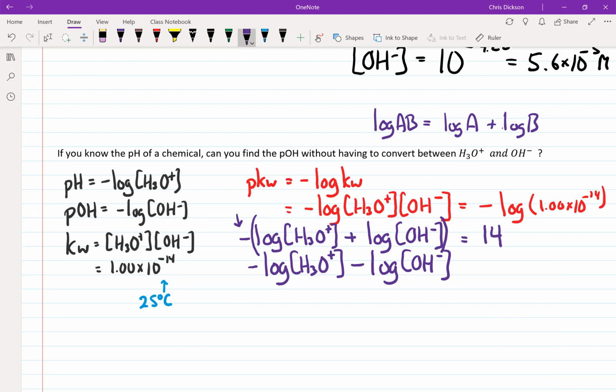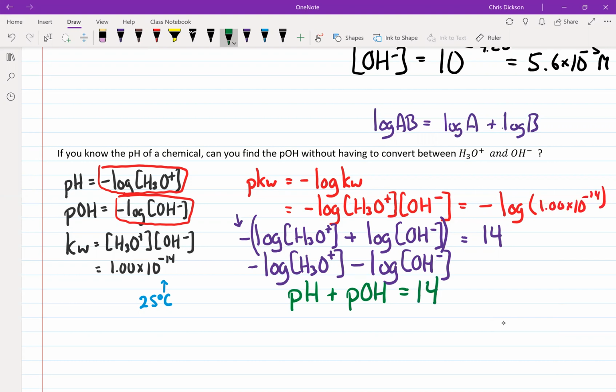Now, the negative log of hydronium is pH, and the negative log of hydroxide is pOH. So this would give me a new formula, which is actually a really useful formula. This would be pH plus pOH equals 14.